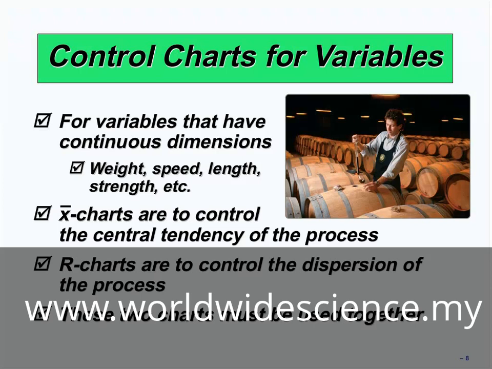Now we want to start with the X-bar chart and R chart. X-bar chart and R chart are 2 control charts that are used by the operation manager to monitor the process. How should we use them? These 2 charts, X-bar chart and R chart, must be used together. Pay attention to this point. X-bar chart and R chart should be used together.